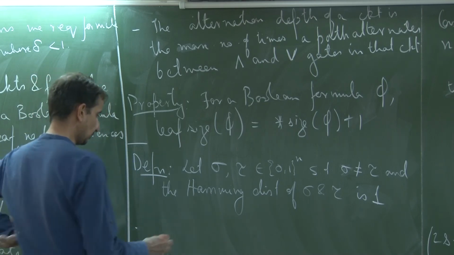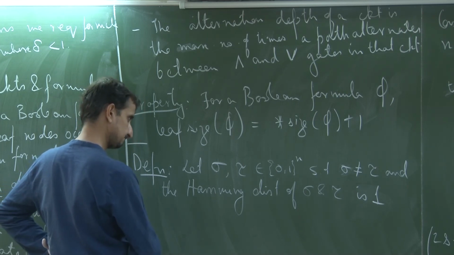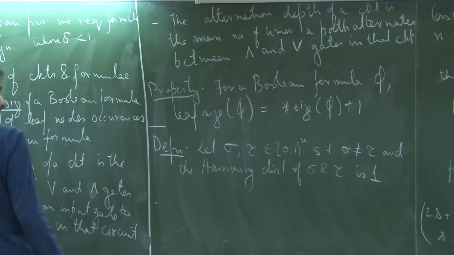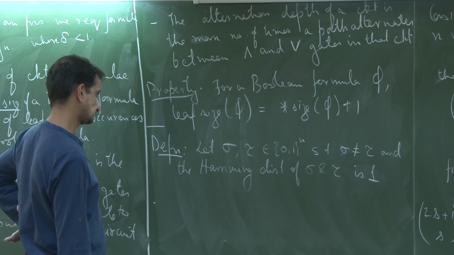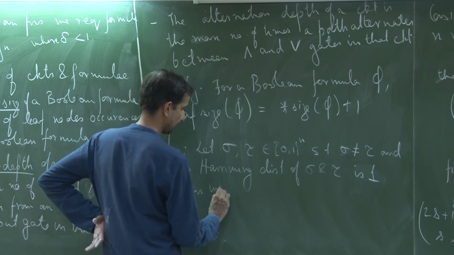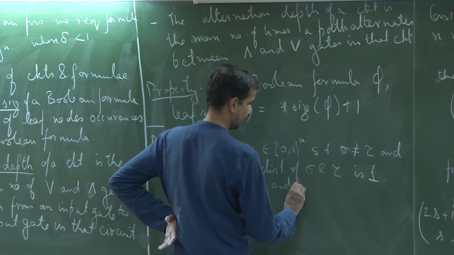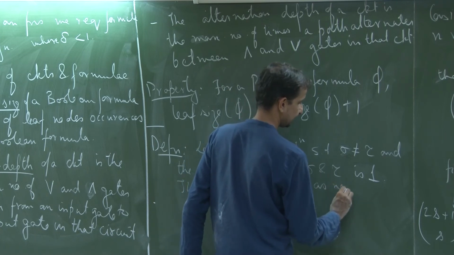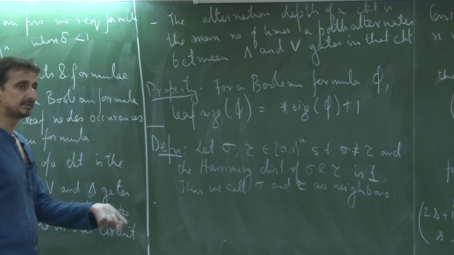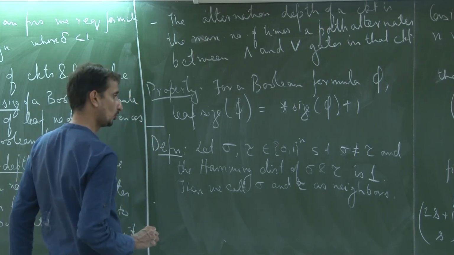Now, for two strings over 0 1 star, we call sigma and tau neighbors if the Hamming distance is equal to 1. Now, let us take two sets.